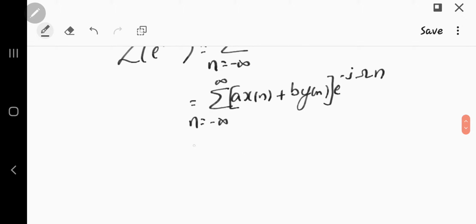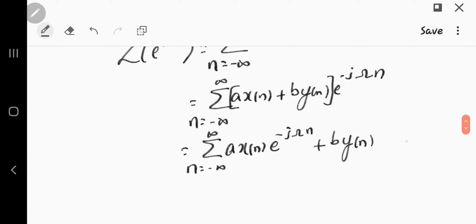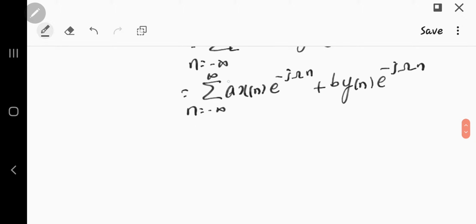Now if you multiply this, we get summation from minus infinity to plus infinity of a x of n e power minus j omega n plus b y of n e power minus j omega n.